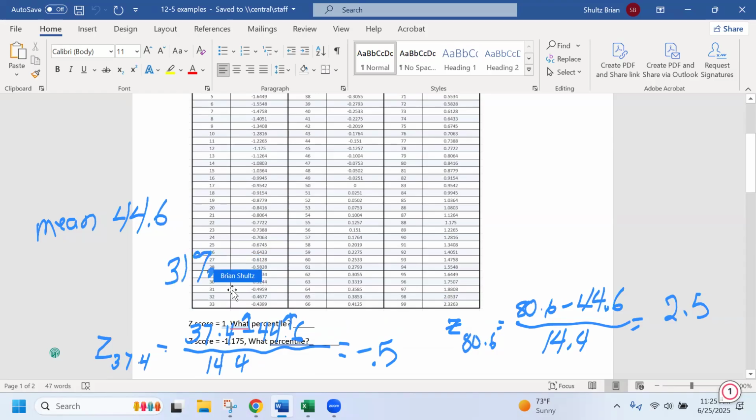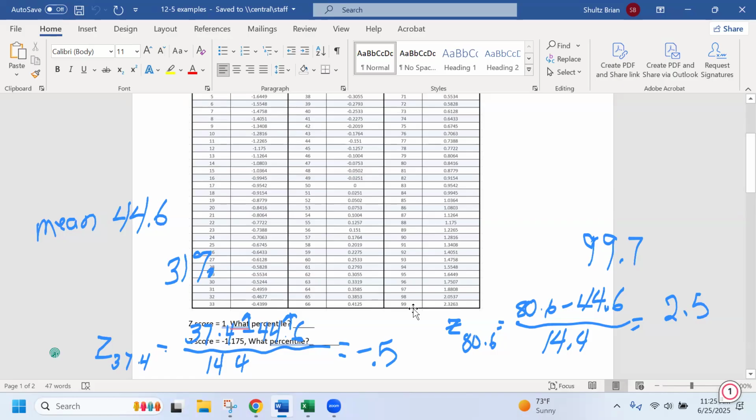And then 2.5 is off the charts. 2.5 is not on this one. I know that it is 99.7, I believe. Sorry, I did not realize that this chart did not have that value on it, but we'll go with 99.7.